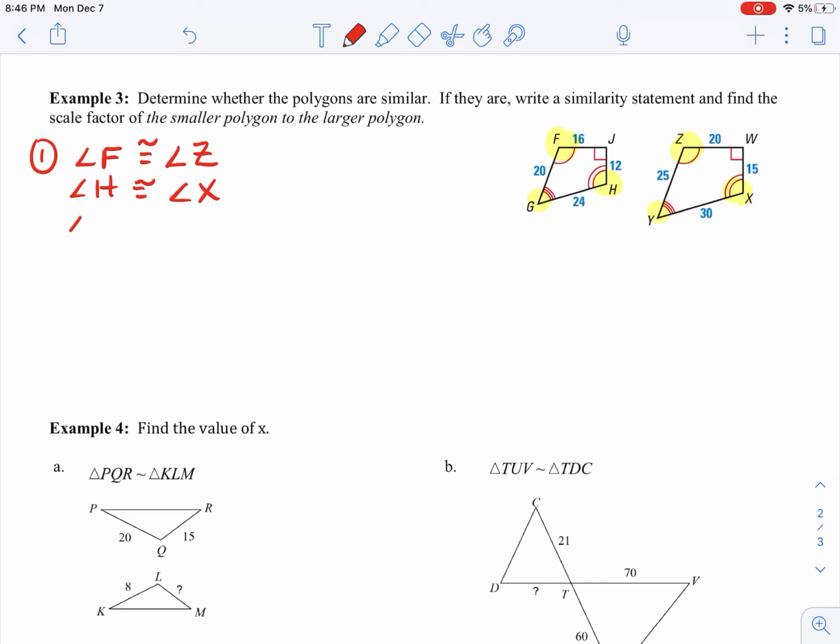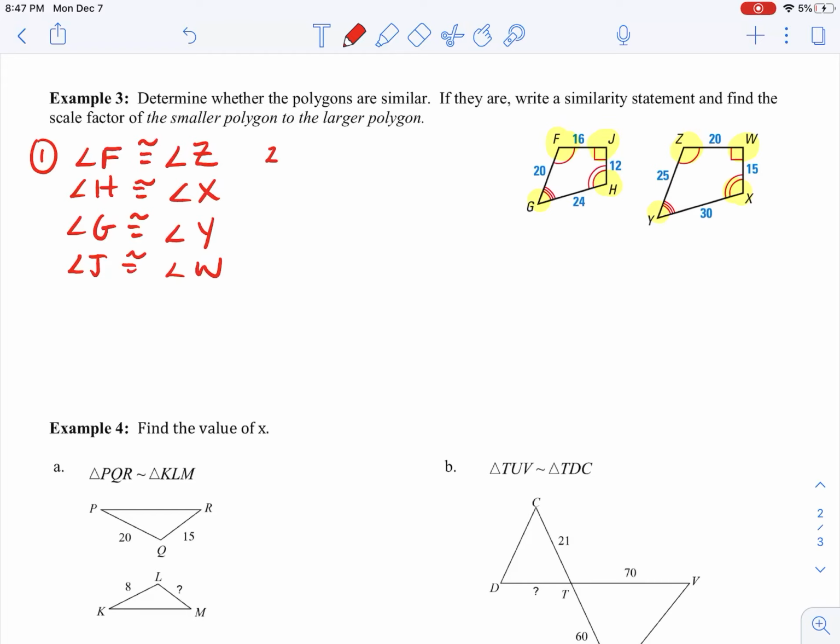So they're trying to tell me with the markings that angle G is congruent to angle Y. And then finally, angle J has a right angle mark, and so does W. So obviously they're the same measure. So we can say angle J is congruent to angle W. So we have that first condition happening. We have that the angles are actually congruent to each other in those two quadrilaterals.